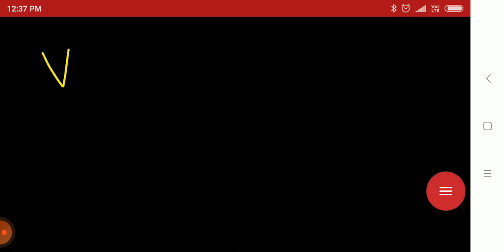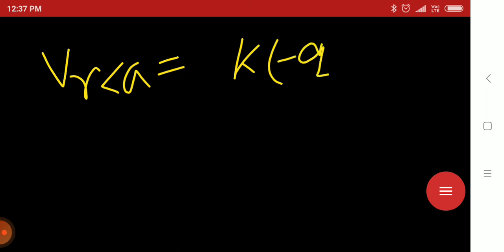So potential at R less than A due to radius small a, where the charge is minus q, the potential will be k minus q. And what will be the radius? This is the main concept.